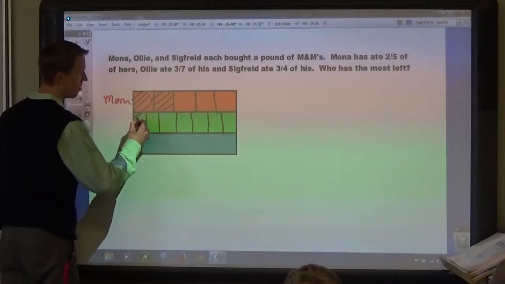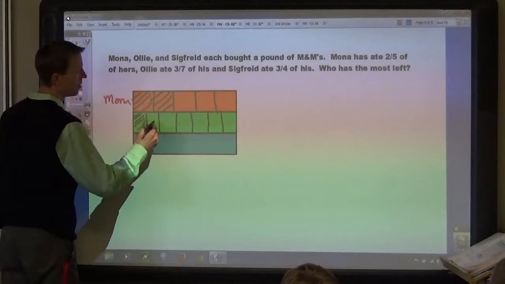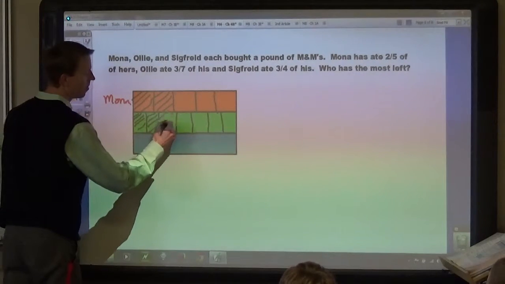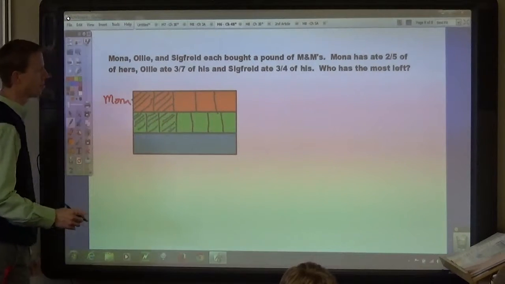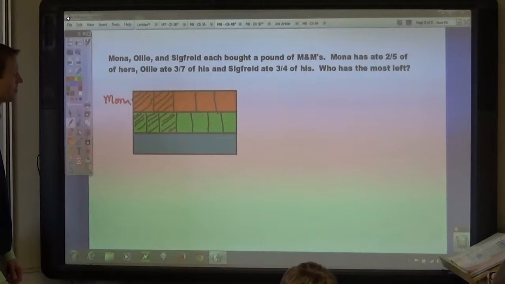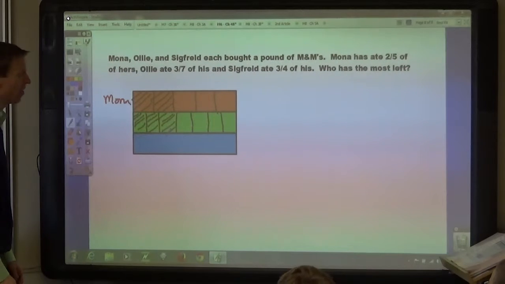And he ate 3/7. And Siegfried ate 3/4 of his.